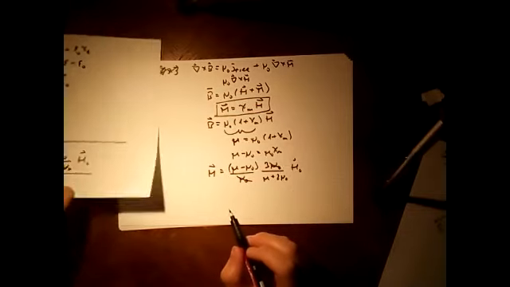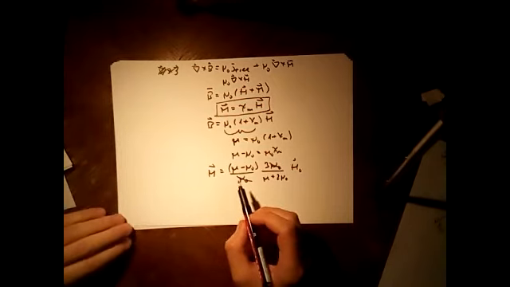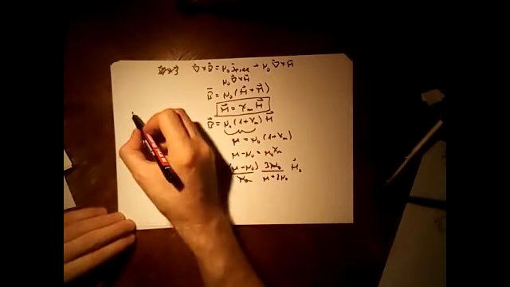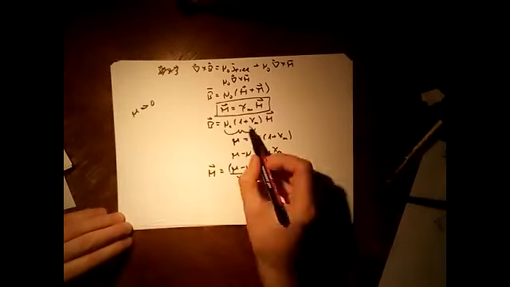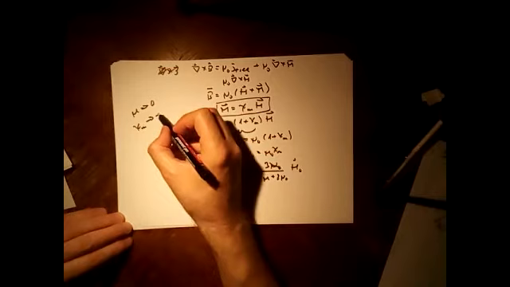But the important thing is that in a diamagnet, mu actually goes to 0. Another way to say it is that chi m in a perfect diamagnet is -1.